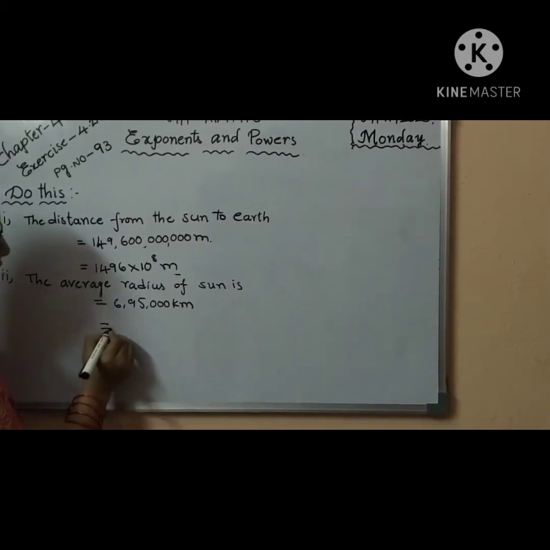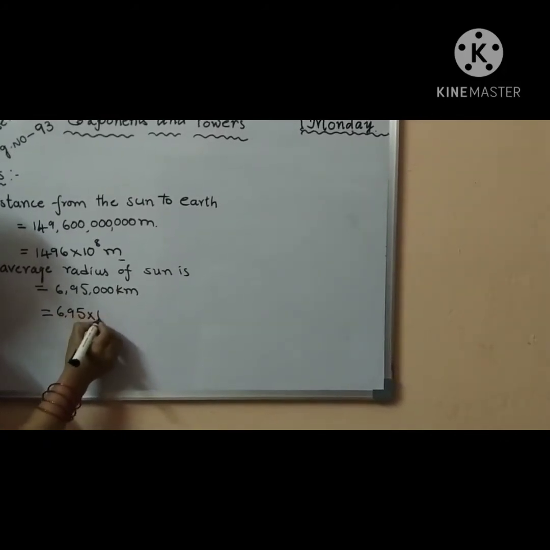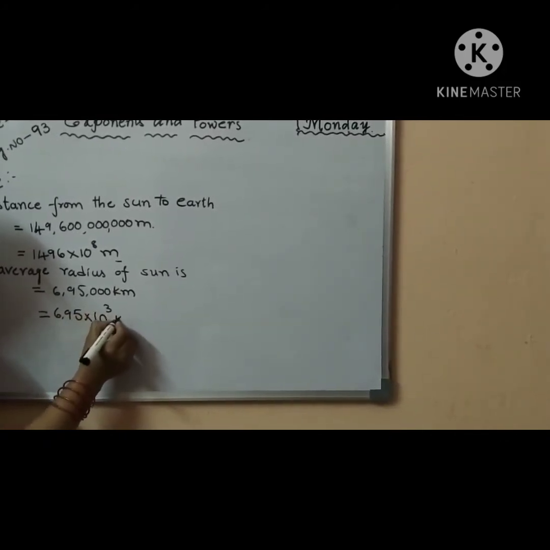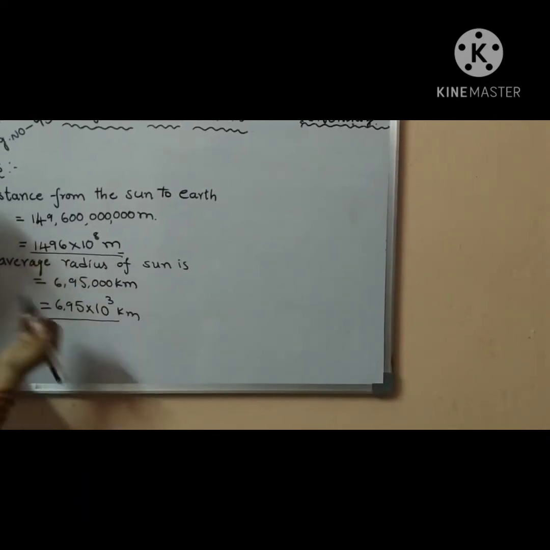Change it to standard form. Here, how many zeros are there? 3 zeros. We should write here 10 power 3 kilometers. It is a standard form.